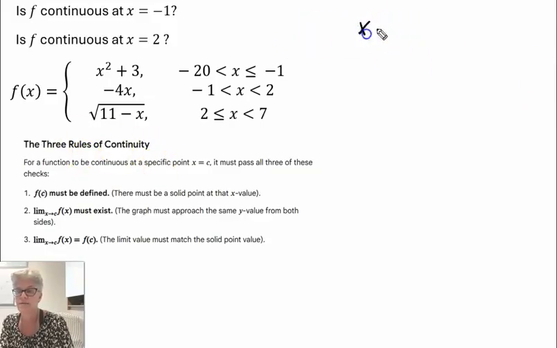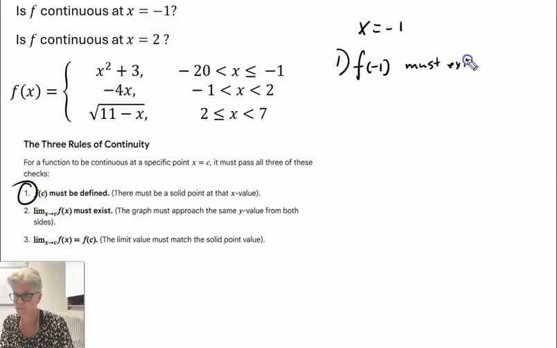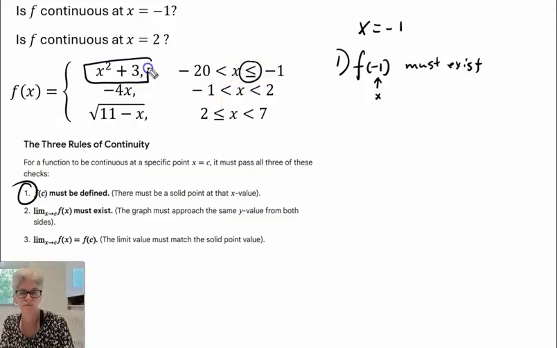So let's suppose we've got the first one where x is equal to -1, and I'm going to look at this first rule, and it says that f evaluated at -1 has to exist. And according to this piecewise function, if x is equal to -1, then because of the symbol here, that puts us in this situation.